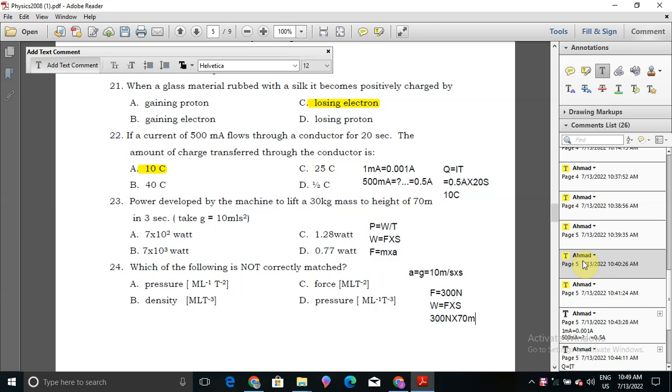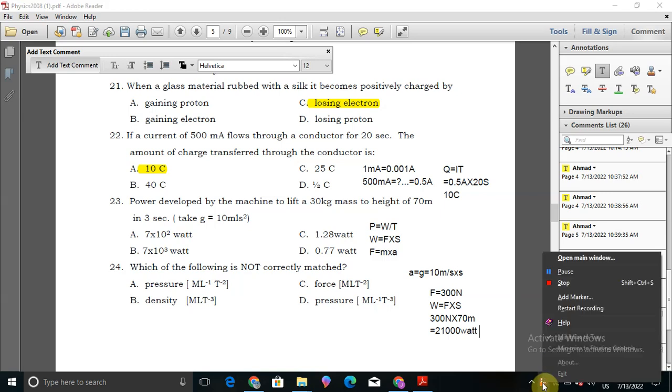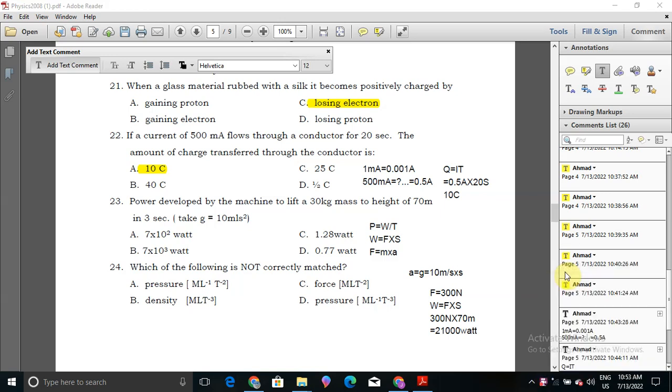So that means we will find the answer, which will be 21,000. Okay, after that, what we will get here, 21,000, so that means we will find power.